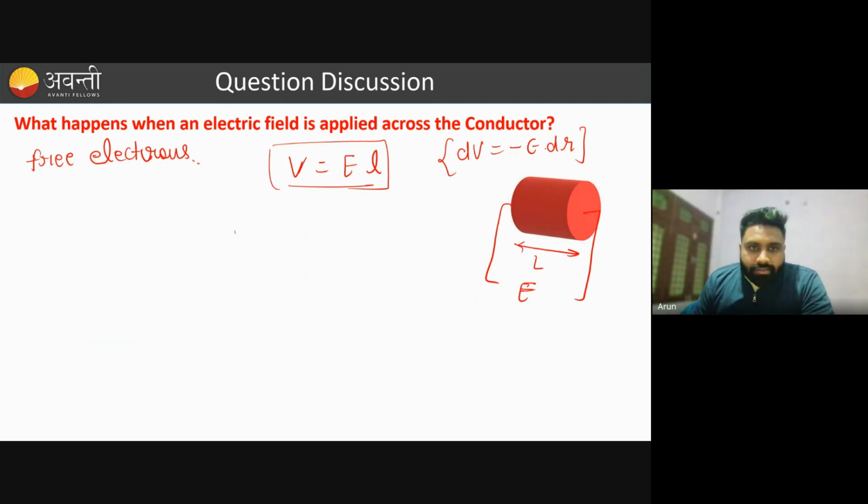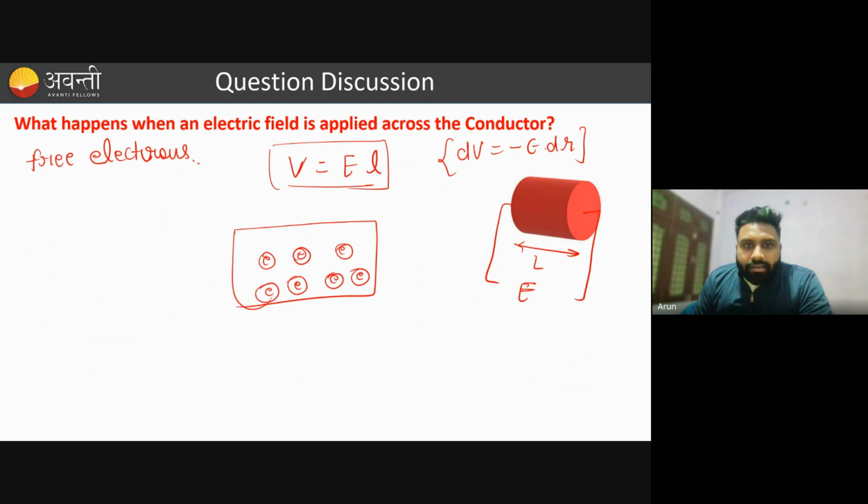If this is the conductor, these are the free electrons. They will move randomly and vibrate about their own axis because of thermal agitation. Why? Because of the kinetic energy gained from the temperature.